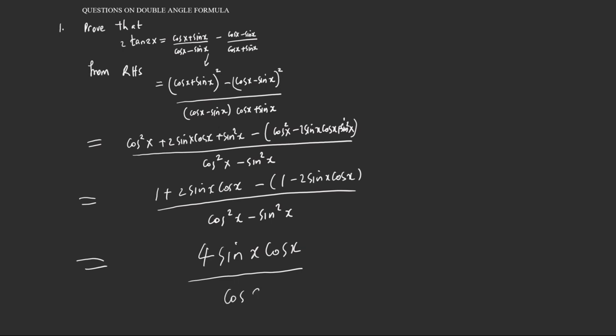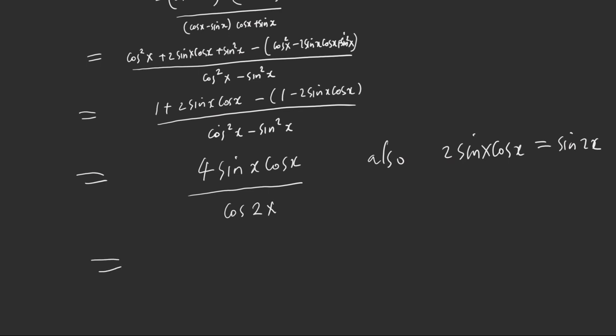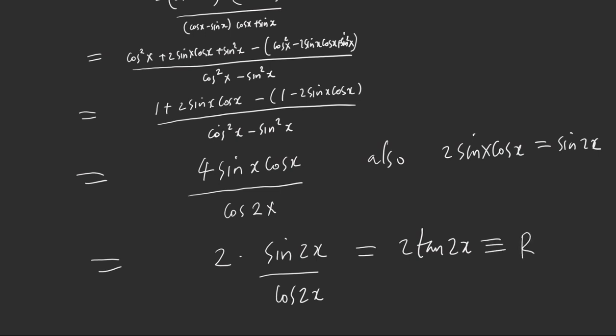Actually, this denominator is cosine 2x. Also 2 sine x cosine x, this is sine 2x, of course. So the expression now will be reduced to 2 times sine 2x over cosine 2x, which is equal to 2 tan 2x, and this is equivalent to the left hand side expression.